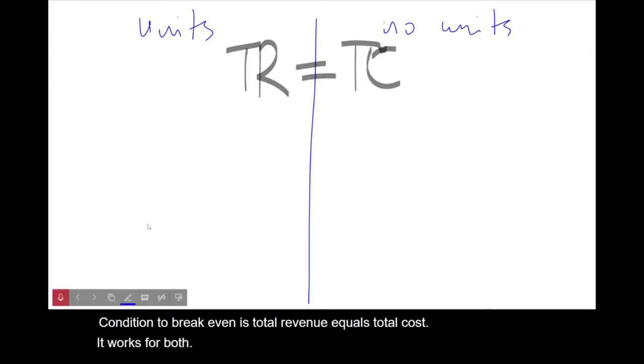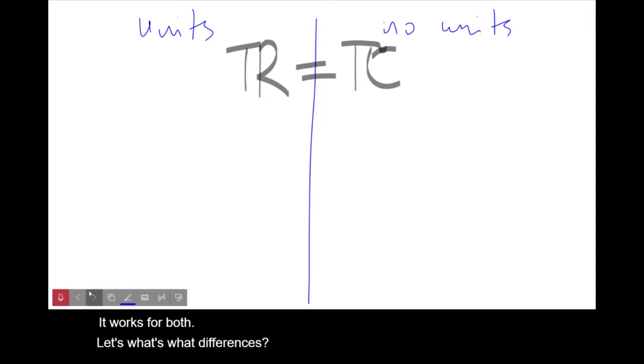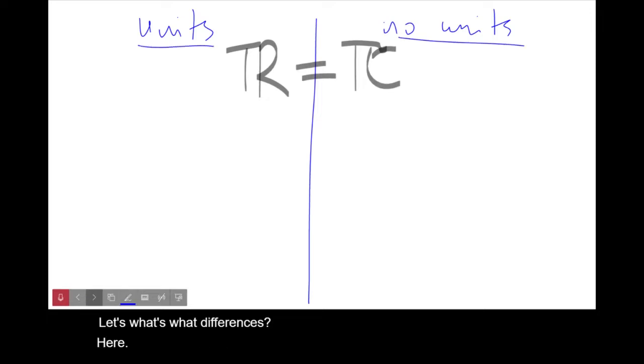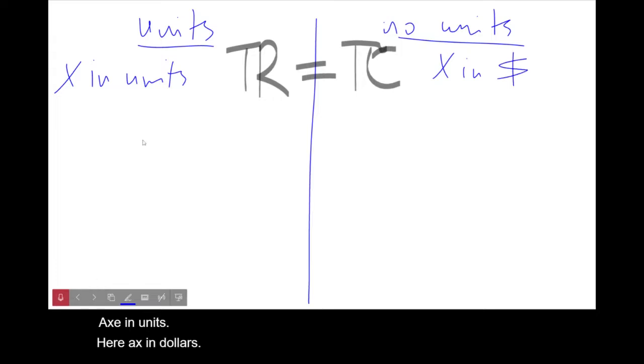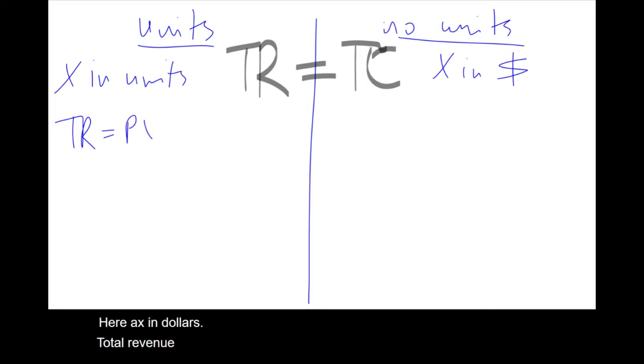Now, what are differences? Here X in units, here X in dollars. Total revenue here is PX, total cost is VCX plus fixed cost.